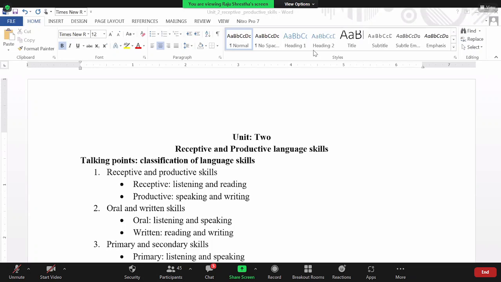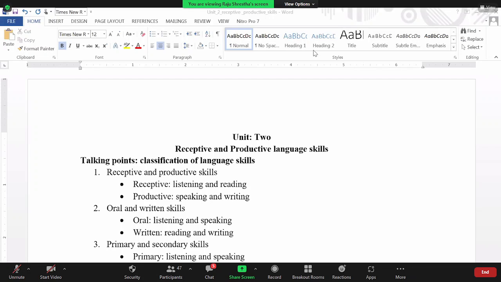Then we discussed matching, word constructing exponents. There are some 5-6 very common activities we discussed. So I hope you have understood those activities.